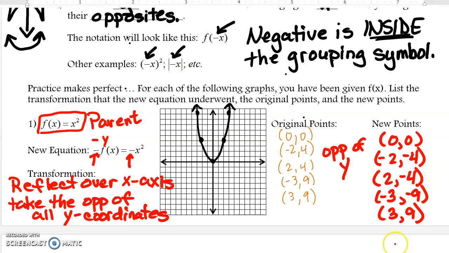So you could either change all the coordinates in the point form over here on the right, or you could look at your graph and say every point, I'm going to move it down towards the bottom. So here's my 0, 0. My point 2, 4 is now going to be 2, negative 4. 3 over 9 up will be 3 over 9 down. Everything is switching direction.